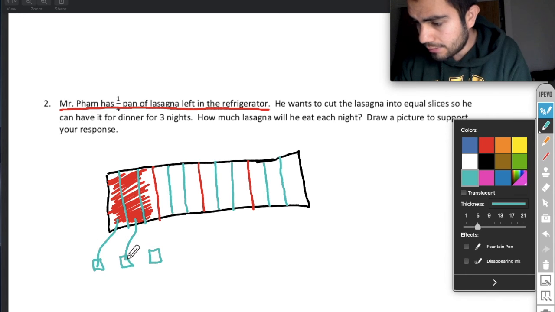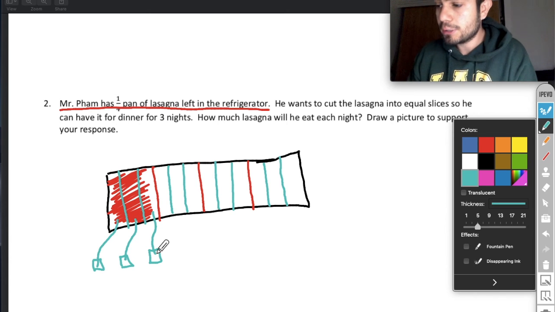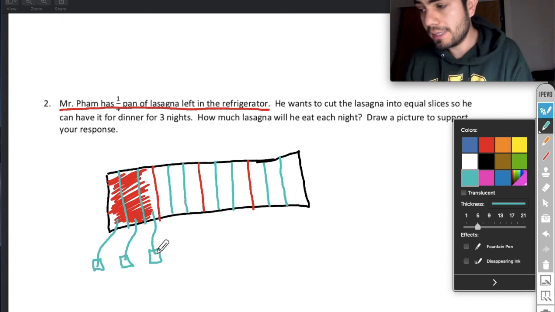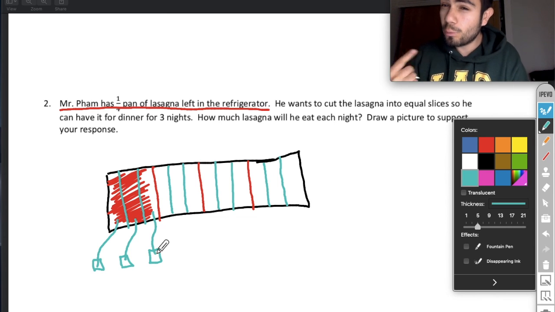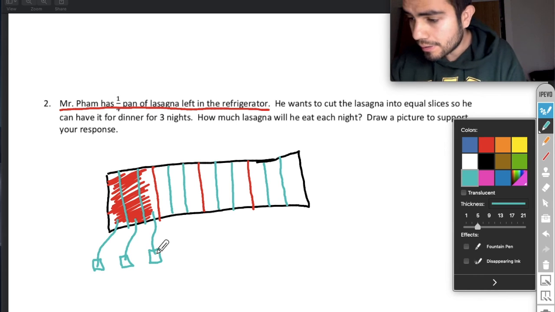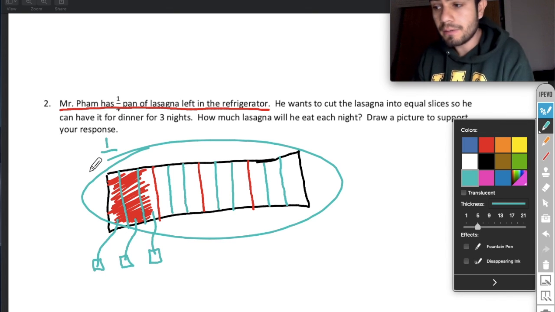So night 1, night 2, and night 3. So how much lasagna will he eat each night? So it's not going to be 1/3 lasagna, but it's going to be 1 out of the total amount of units that we have here.